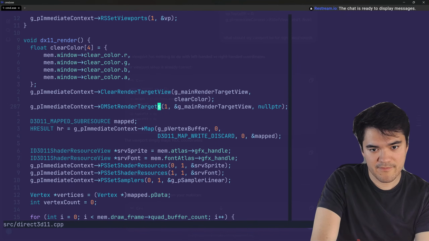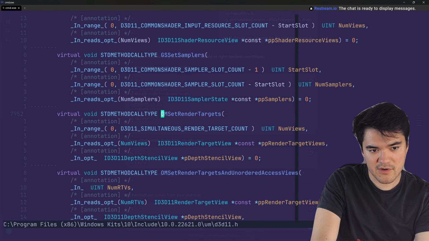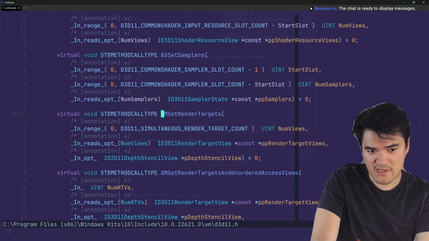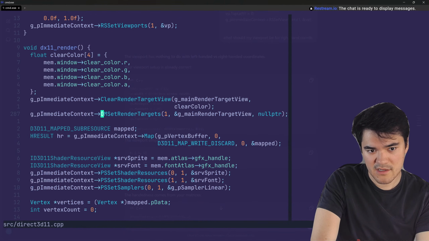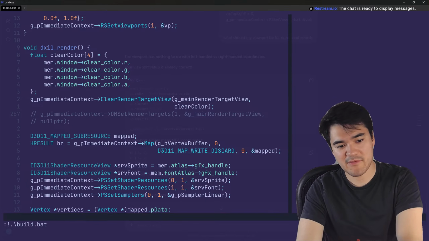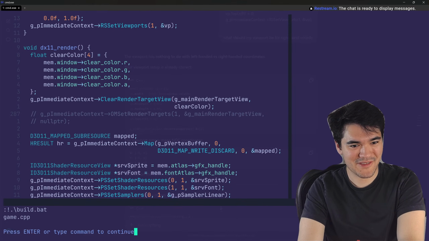Set render targets, num views, main render target view. And this is all in the immediate context. Do we even need to tell it to do that too? I don't know. I'm willing to bet we don't.